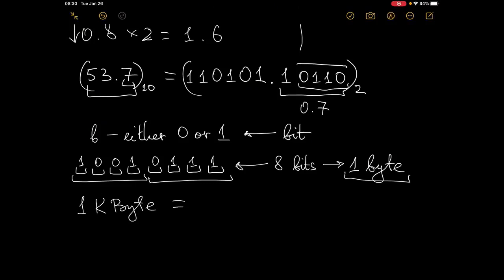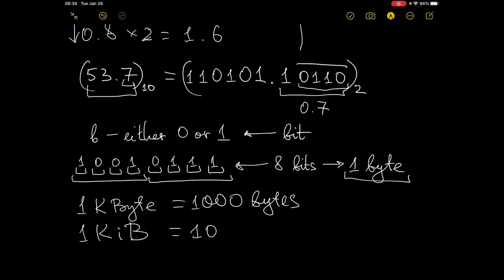Now it's agreed that a kilobyte is just 1,000 bytes, and what is called a kibibyte is 1,024 bytes.